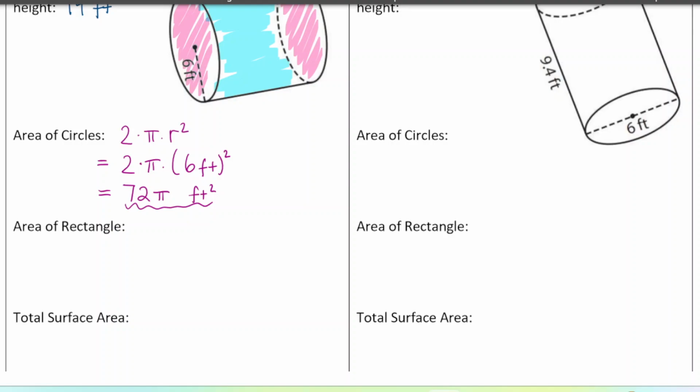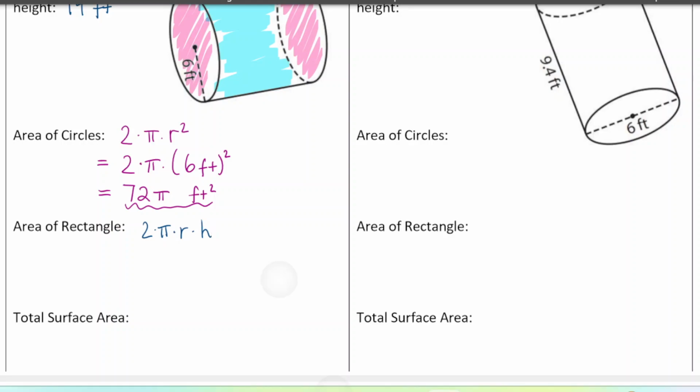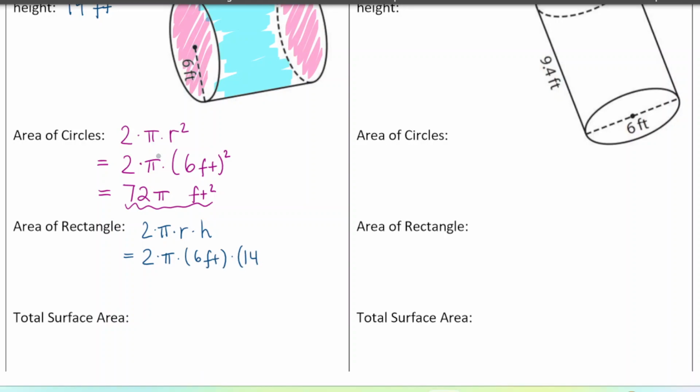All right, let's do the rectangle. The rectangle has length 2 times pi times r, and then the width is the height. So for us here, it's going to be 2 times pi times 6 feet times 14 feet.